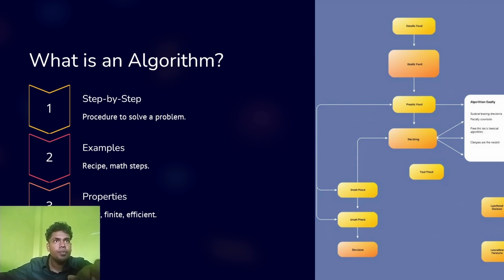As I said previously, a data structure is a way of storing and organizing data, but an algorithm is a step-by-step method to solve a problem.